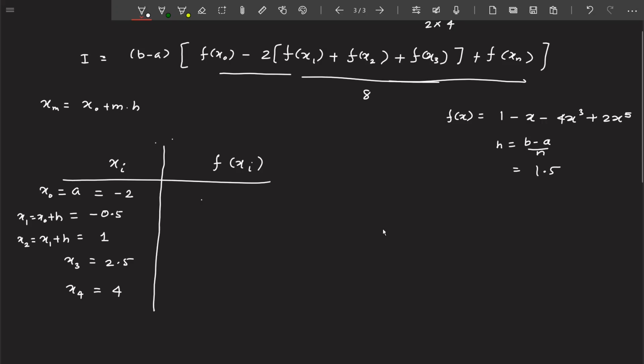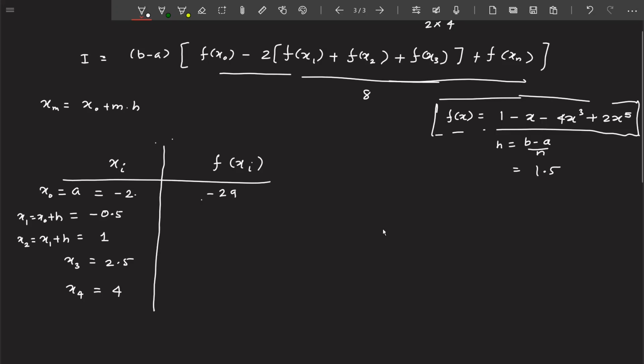So now what you are going to do is substitute these values in this equation, and you are going to find out the value of f(x). If you substitute, you will find that the value is −29.